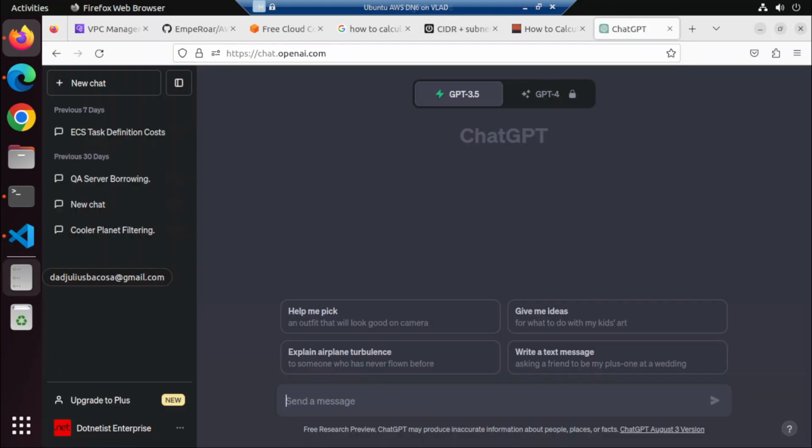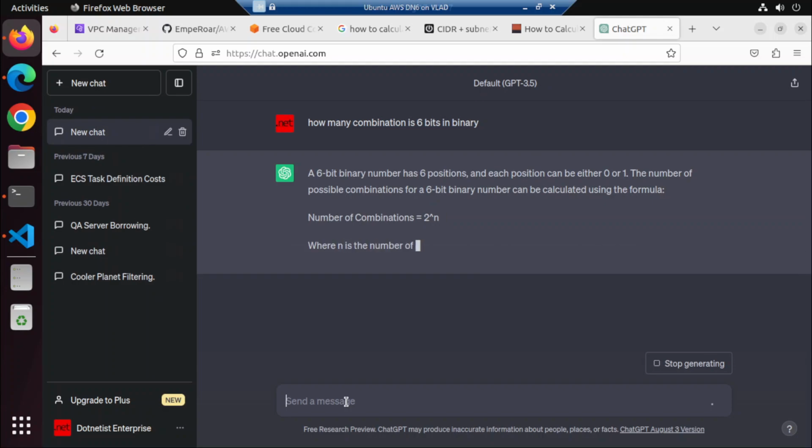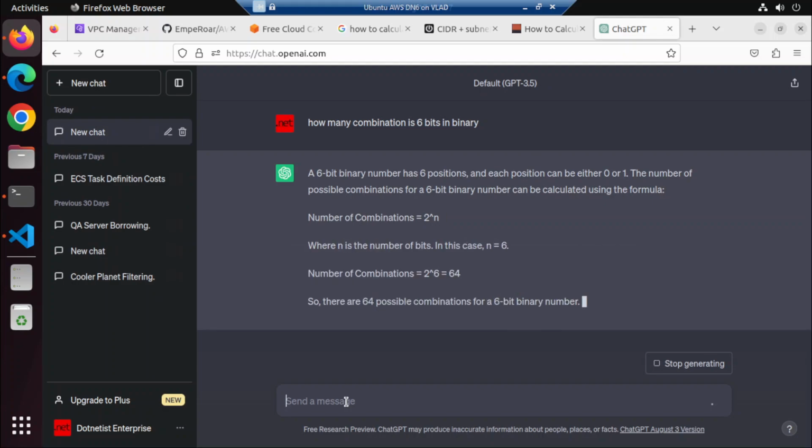ChatGPT. Right, we're here. Let us ask how many combinations is 6 bits in binary. Okay, so yeah, this is a computation.